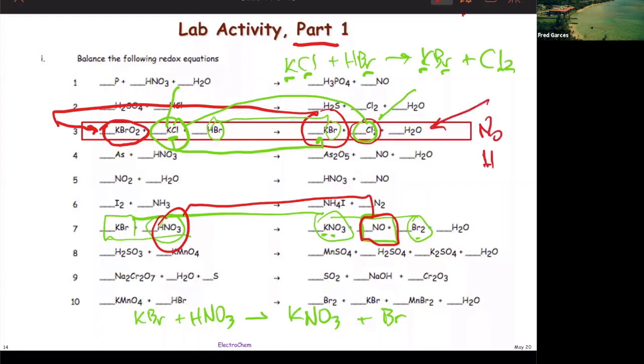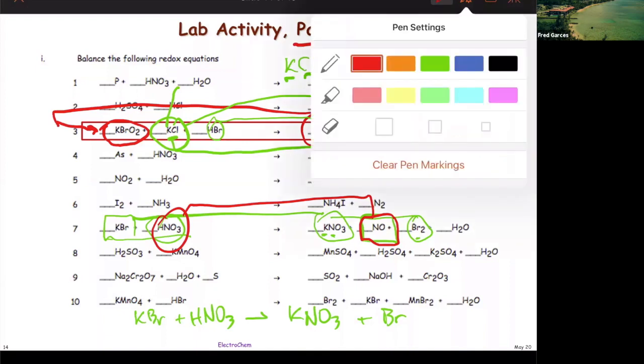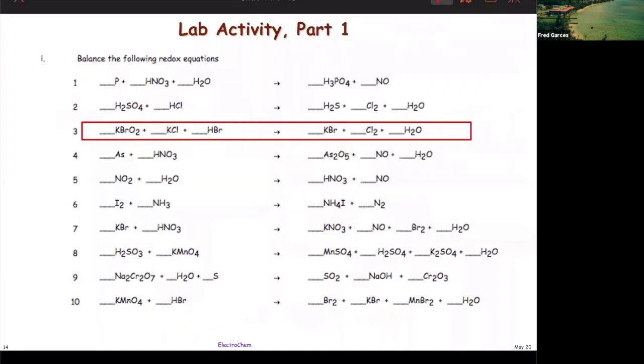So in fact, let me clear this. When you balance this equation correctly, the water will automatically show up in the right place. Just worry about your non-hydrogen and oxygen elements, and then the water will pop up in the right place.